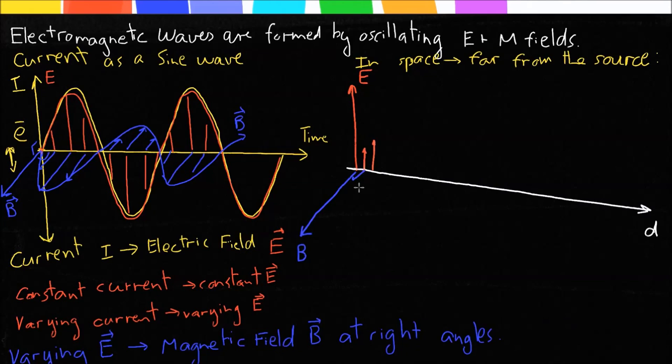And what we also need to know is that a changing magnetic field will produce an electric field at right angles, just as the electric field produces a magnetic field. So one produces the other, produces the other, produces the other. And if we draw the graph of our electric fields and magnetic fields as they induce each other at right angles, we can see our graph developing.